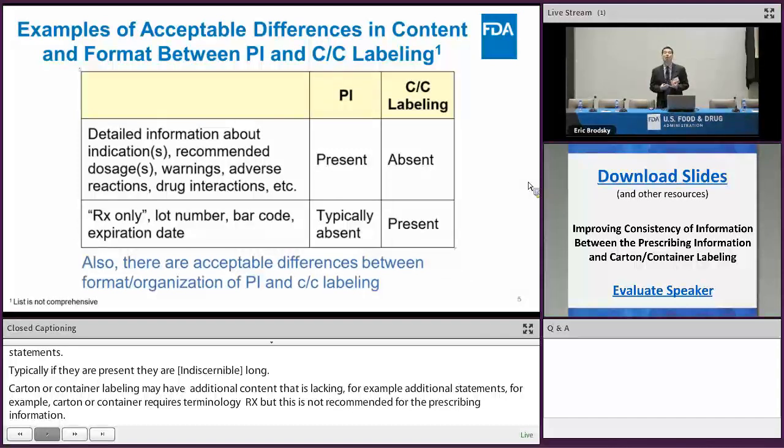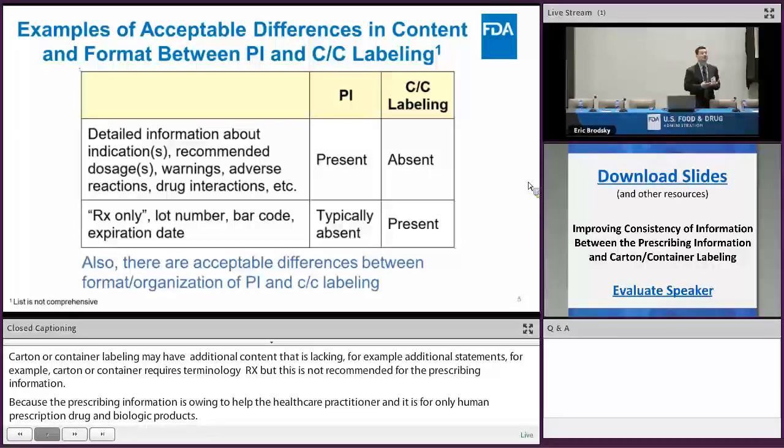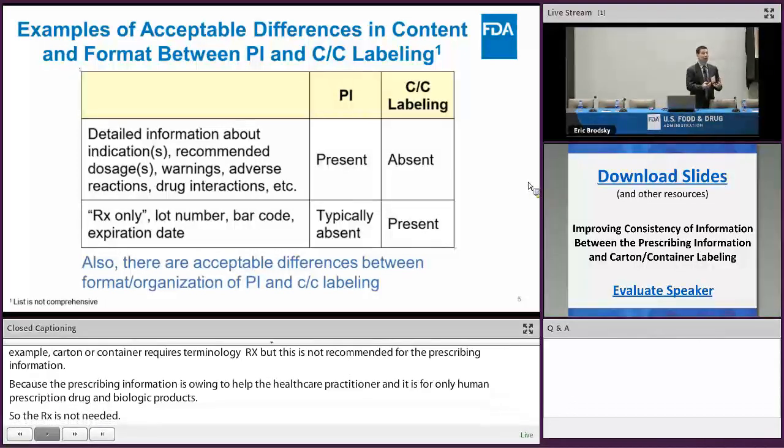Similarly, carton container labeling may contain statements such as keep out of the reach of children, which may be appropriate if the end user is a patient or a caregiver.